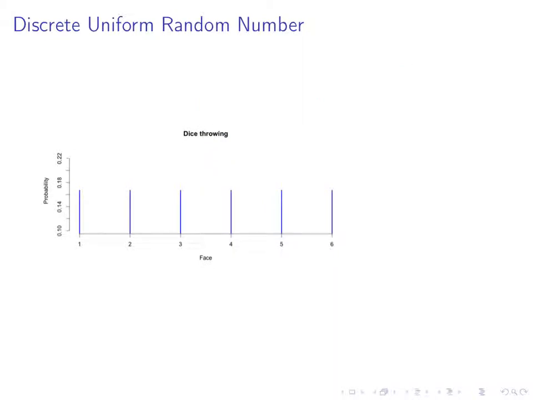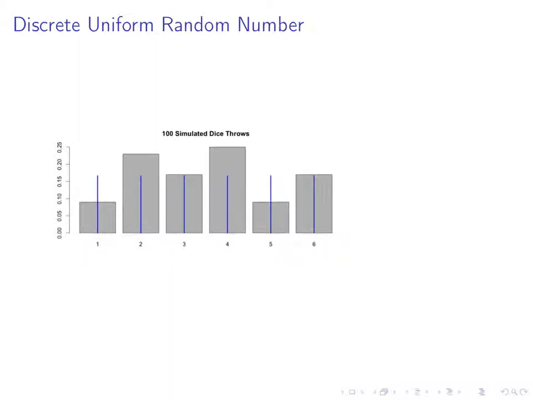So if I draw this as a probability model, I'm saying if I roll a die, I expect any of the outcomes to happen with probability 1 over 6. If I superimpose a computer-generated 100 die throws, we can see that sometimes the relative probabilities are a little way away from the expected probabilities.